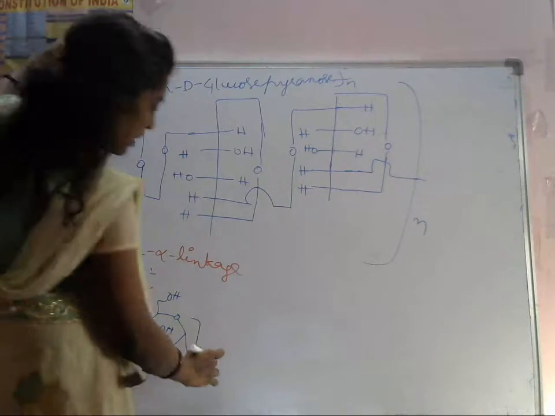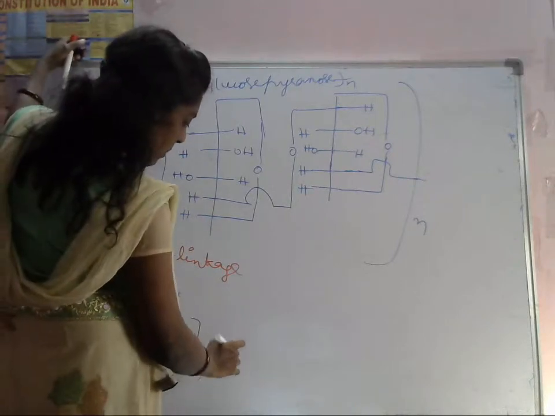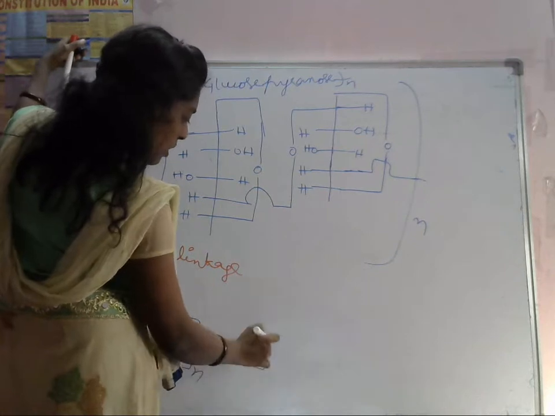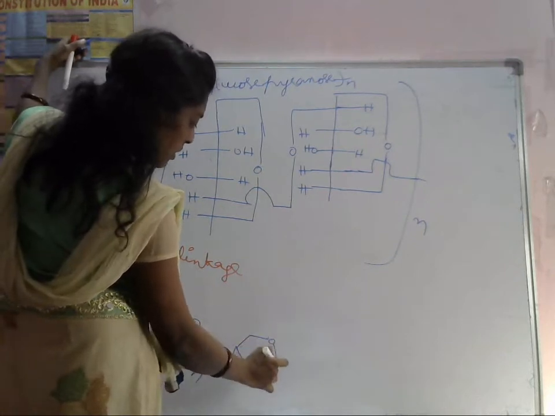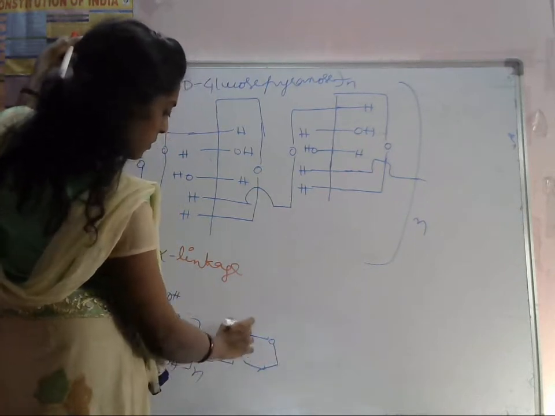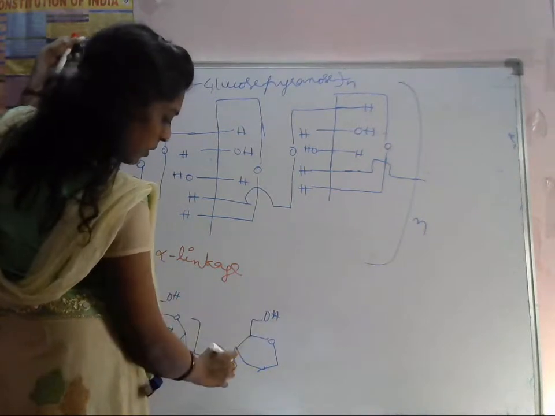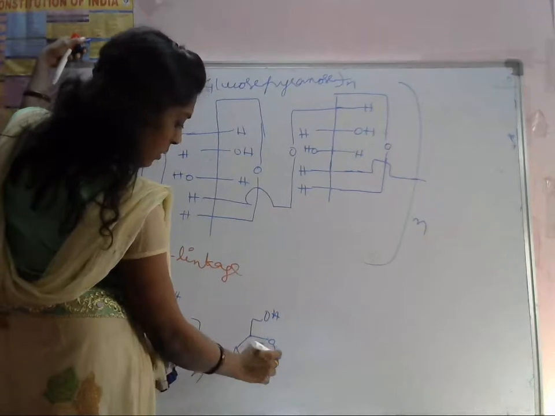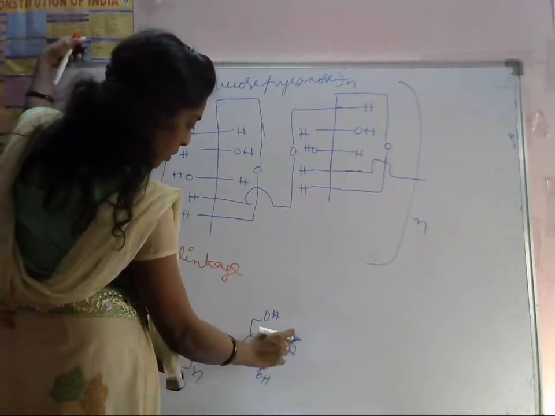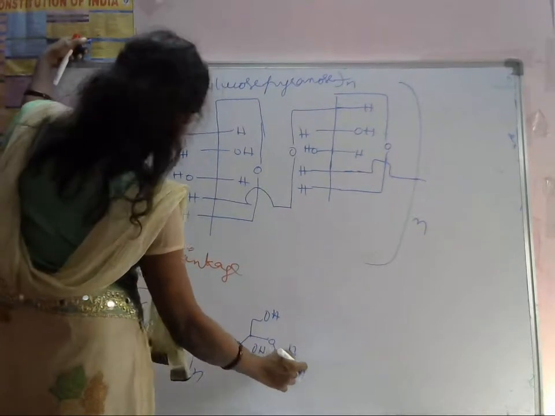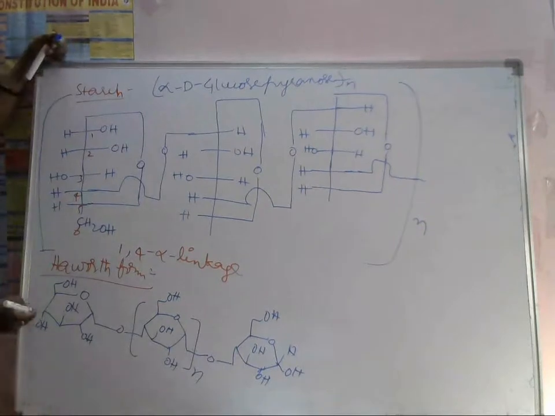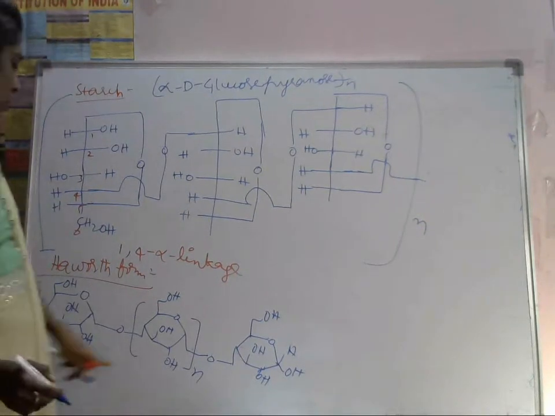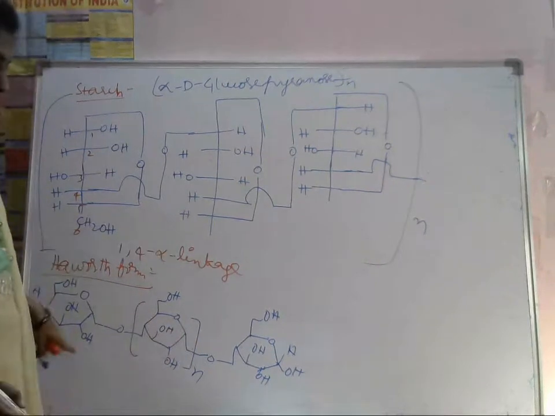So finally, what is the molecule? All are glucose molecules only, with 1,4 linkage. OH, OH, H, OH, H, OH. If you write this, this is nothing but the Haworth form of starch.